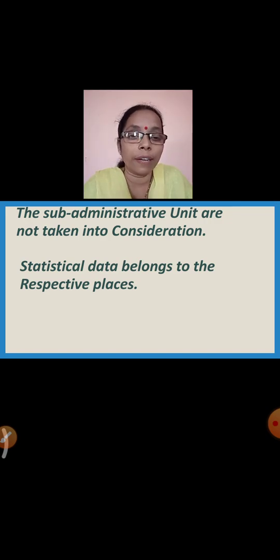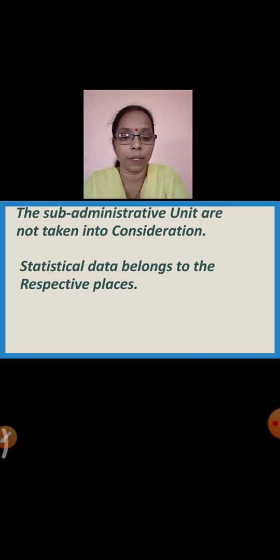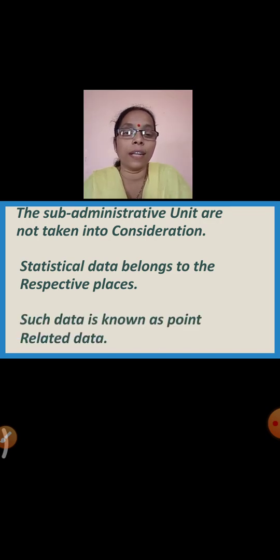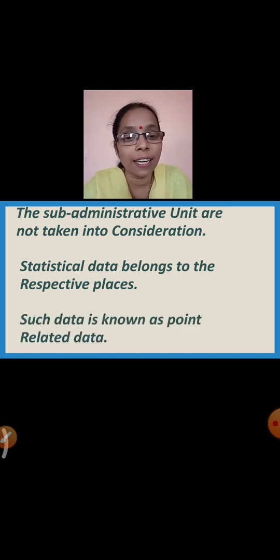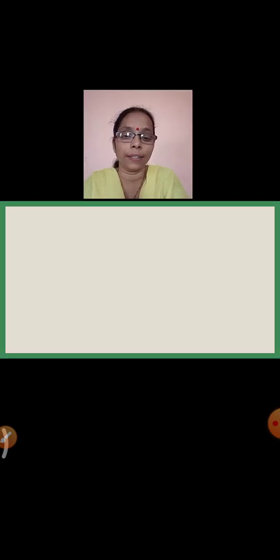So whatever data is collected, it should belong to that particular place of which we are going to make the map. Yes, then such data, what is it called? It is called a point related data. The data which is collected for a particular place is called point related data.